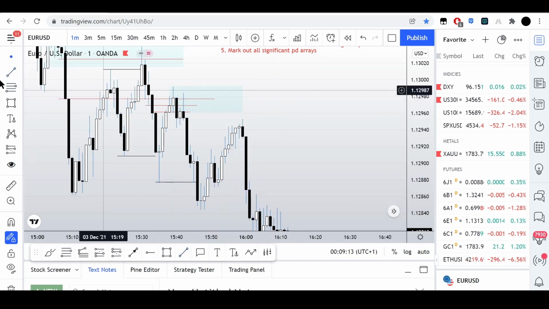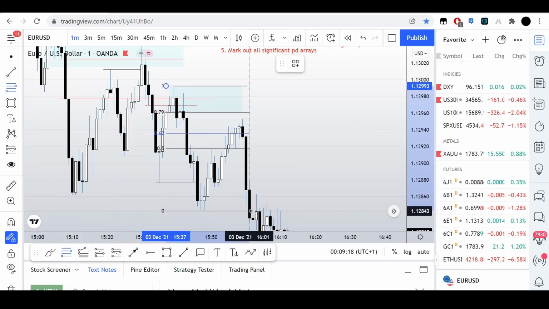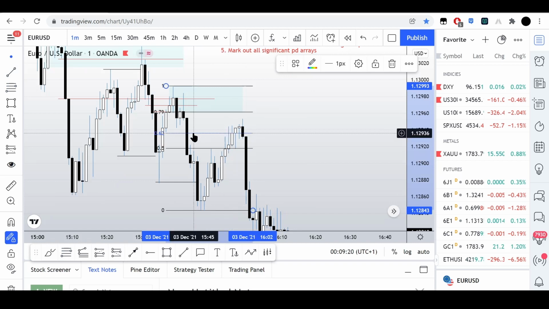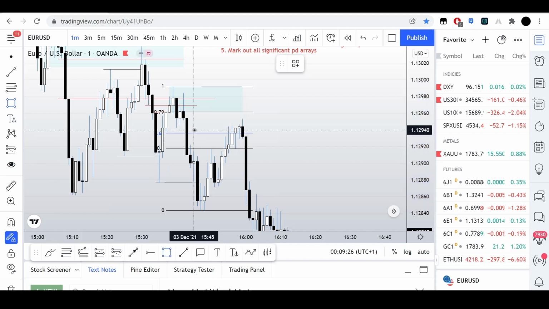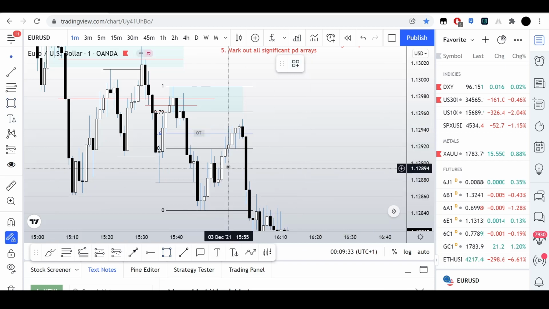Let's see. We have from bottom to low our 62% OTE is right here. Okay, keep that in mind. OTE is here. I'm gonna go ahead and put that up there for you guys. Okay, OTE.